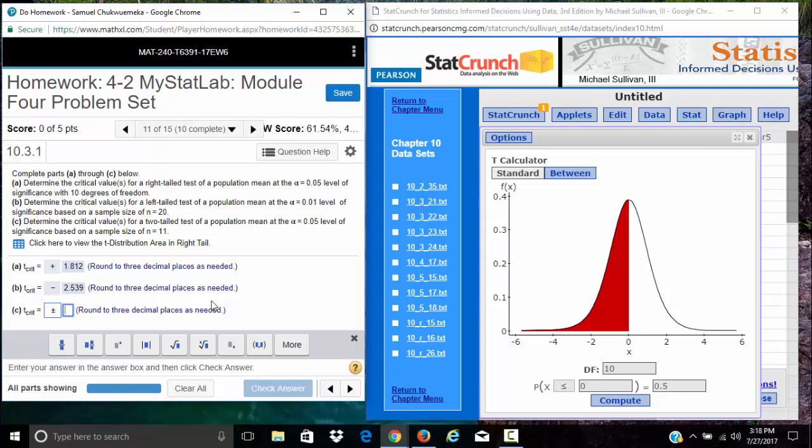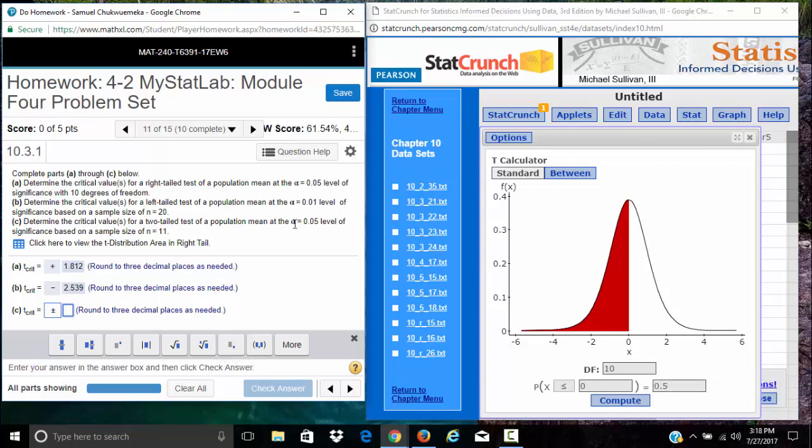Actually, note three things, because they gave us the sample size. We only have one parameter being tested, the population mean, so the degrees of freedom will be 11 minus 1, which is 10.